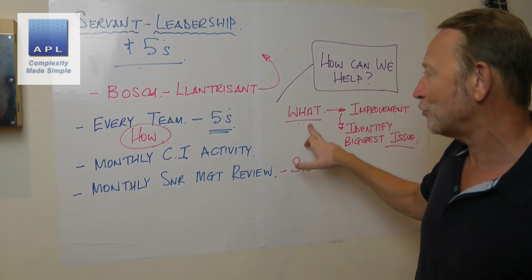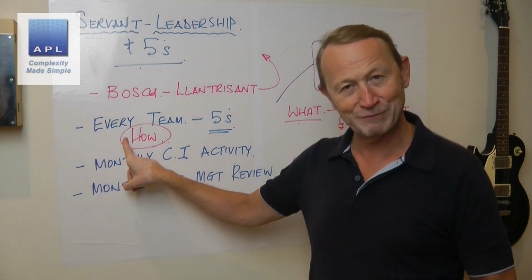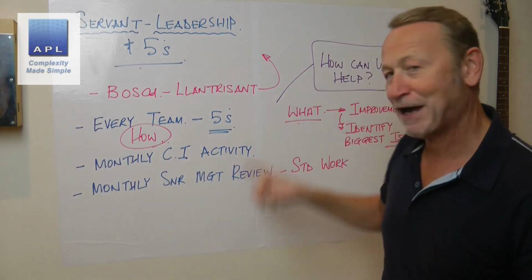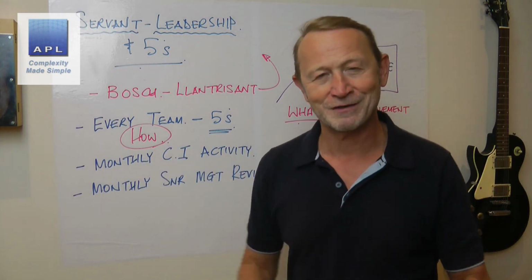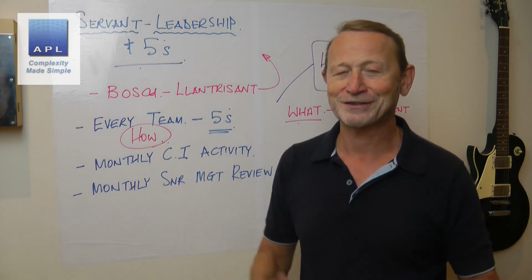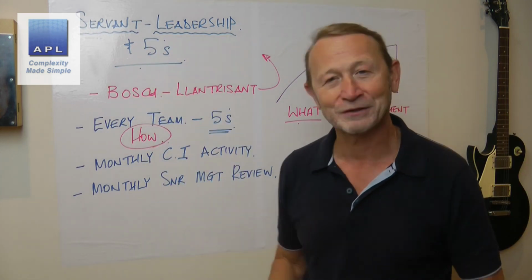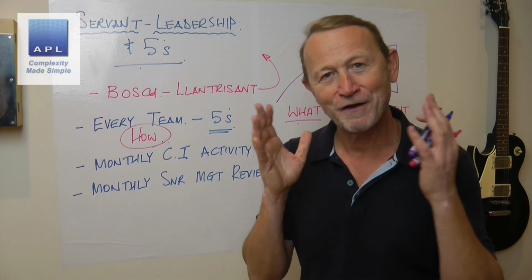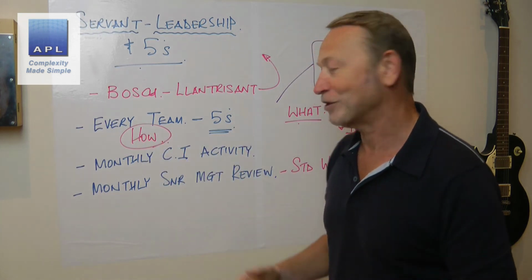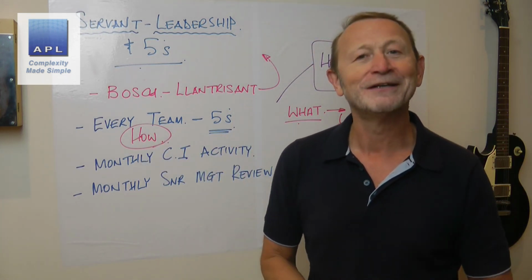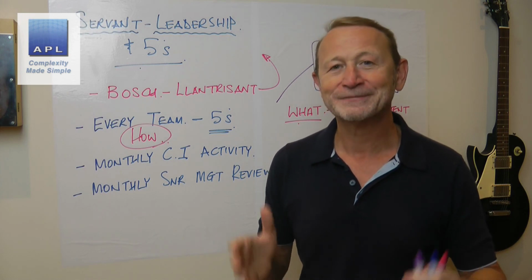They specified the what, they let the team decide the how, and they provided the resources to make it happen. That is the most fantastic example of servant leadership, 5S, what's and how's, and continuous improvement.